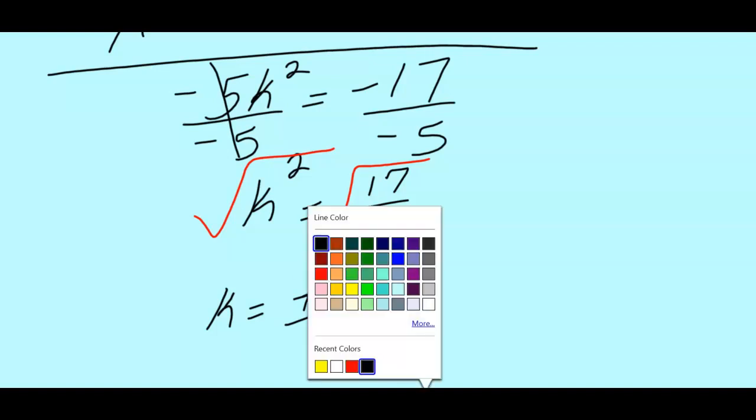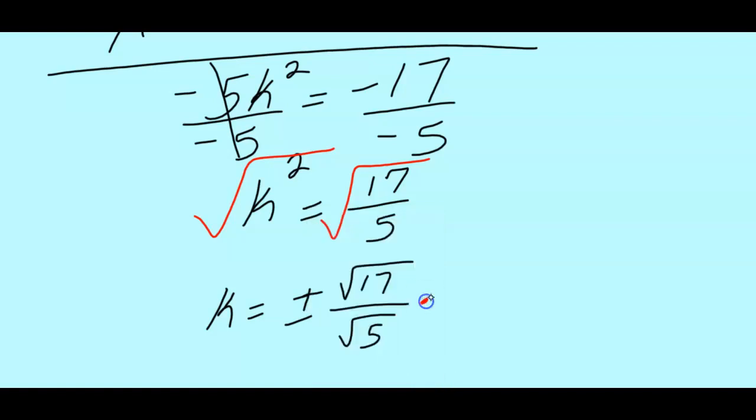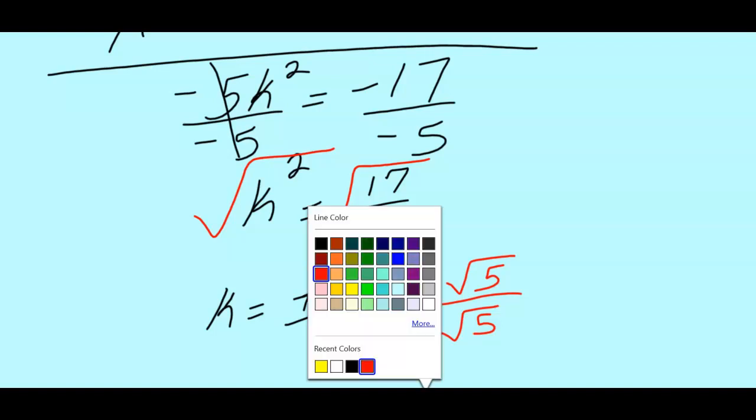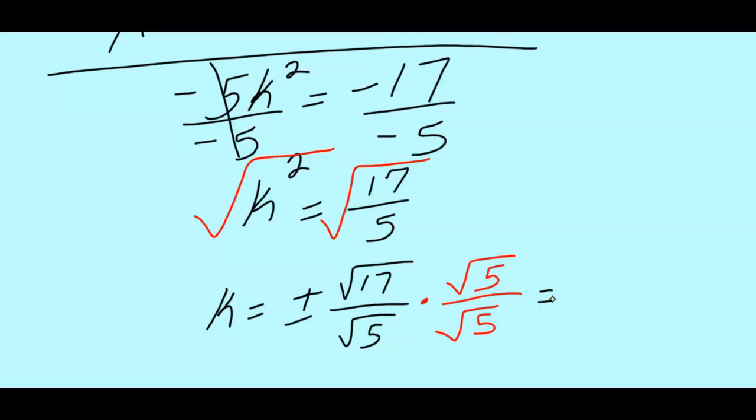So you just want to multiply top and bottom by the square root of 5. Okay, so 17 times 5 is going to give me 85. So they're both under a square root. So is the 85.